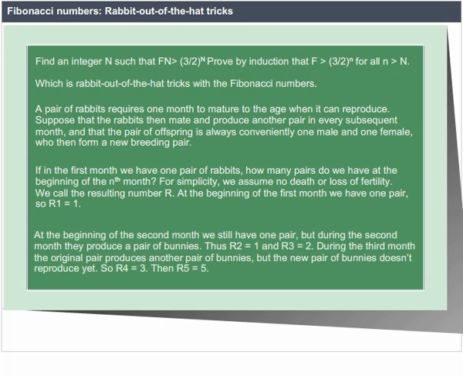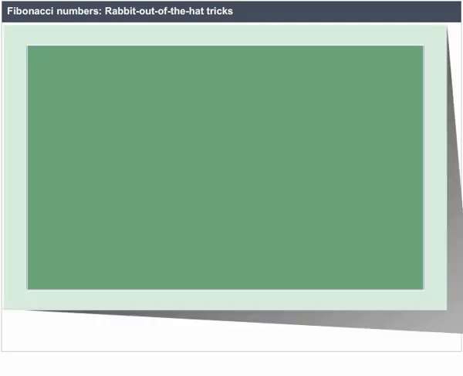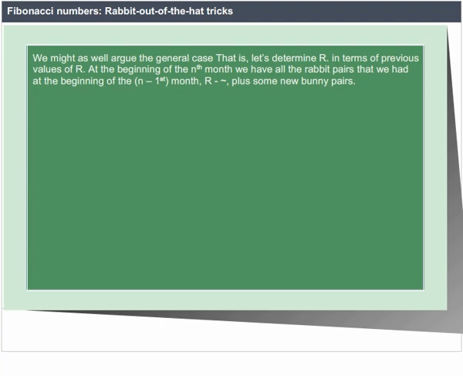Fibonacci numbers. Rabbit out of the hat tricks. We might as well argue the general case, that is, let's determine Rn in terms of previous values of R. At the beginning of the nth month, we have all the rabbit pairs that we had at the beginning of the (n-1)st month, R(n-1), plus some new bunny pairs.